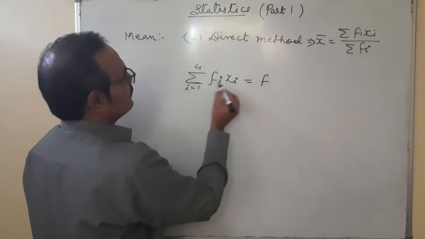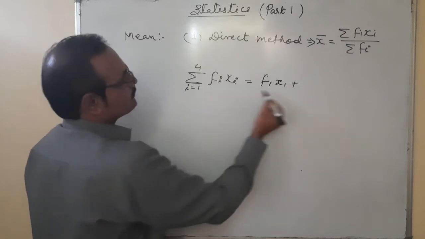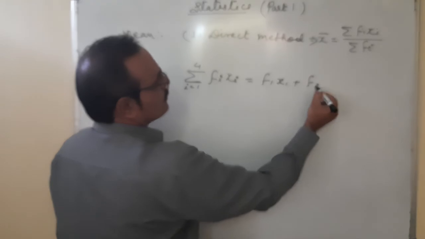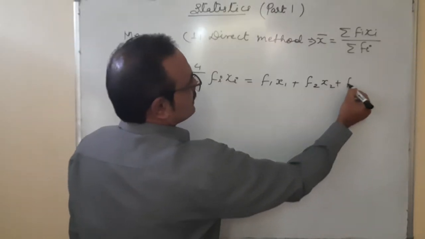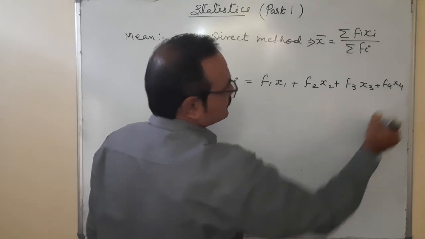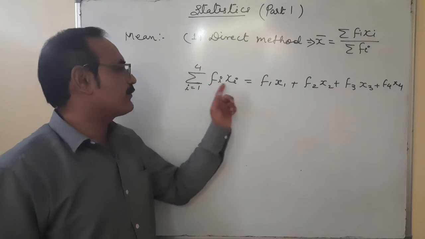So f1 x1 plus f2 x2 plus f3 x3 plus f4 x4. Is it okay? This is the meaning of summation i is equal to 1 to 4 fi xi.